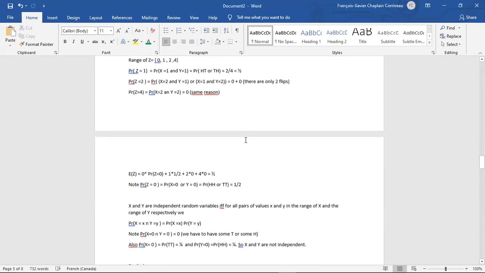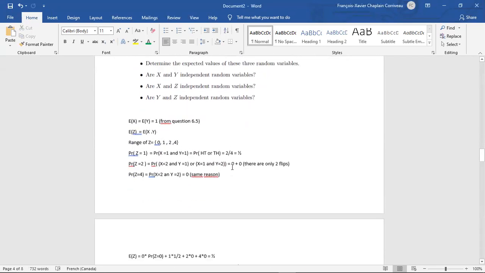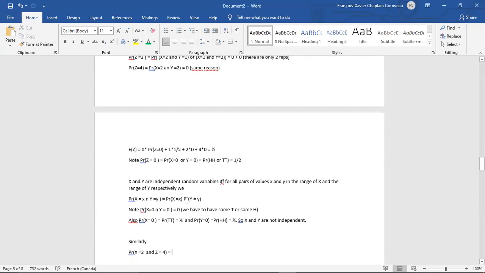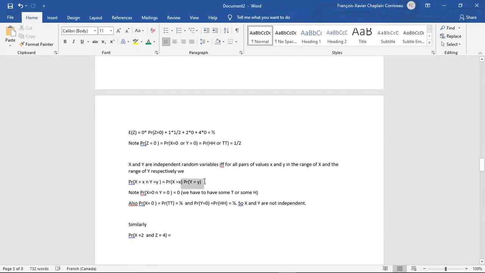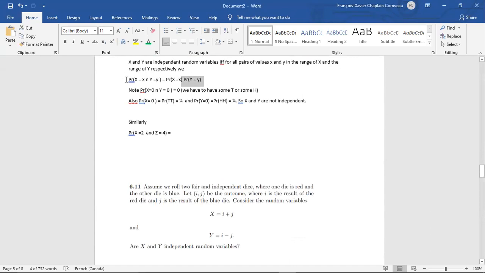So the point is that on the right-hand side I'll have 0, but on the left-hand side I won't have 0. So this is the probability that x is equal to 2 and y is equal to 2.